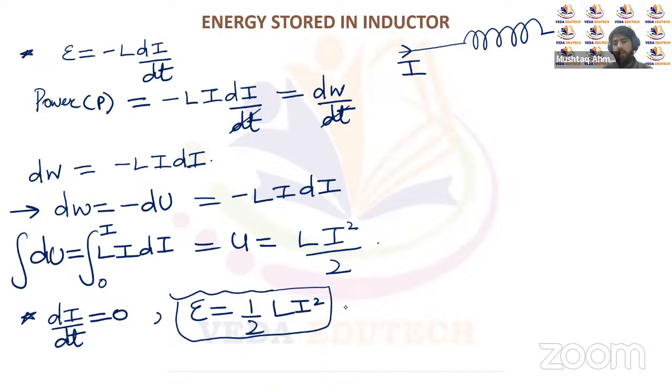Once this inductor contains an energy of half L I square, there cannot be a further change in the current at this moment.